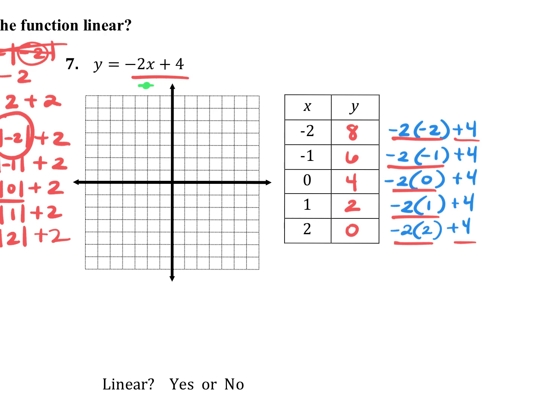Okay, then we go negative 1, 1, 2, 3, 4, 5, 6. Then we go 0, 1, 2, 3, 4. Then we go 1, 2, and then 2, 0. And that should be a straight line. It's a linear equation.